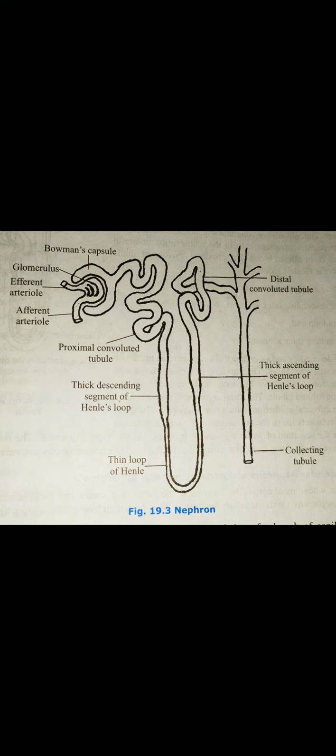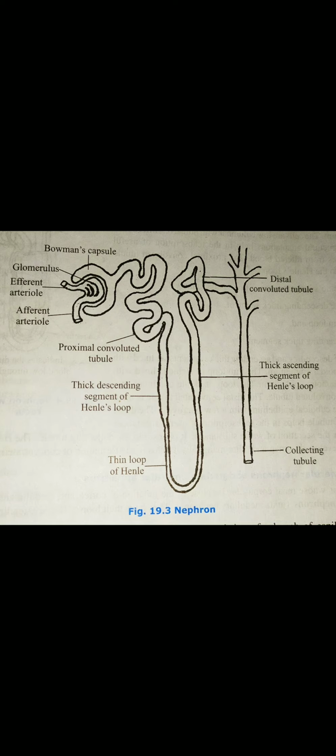It is also known as excretory unit. All these names are given to the nephron. We usually refer to nephron as a unit, because this is the main or basic structure present in the kidney, which helps in the main purpose, that is excretion.